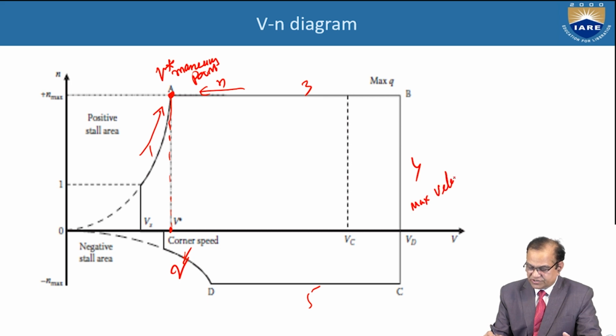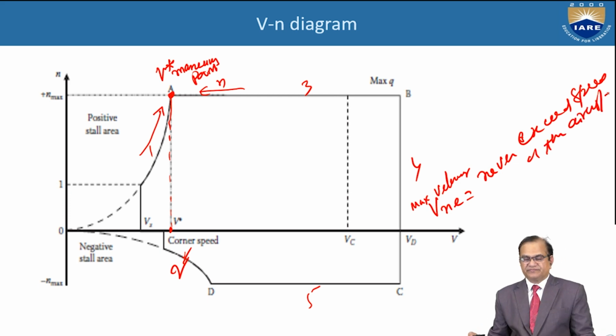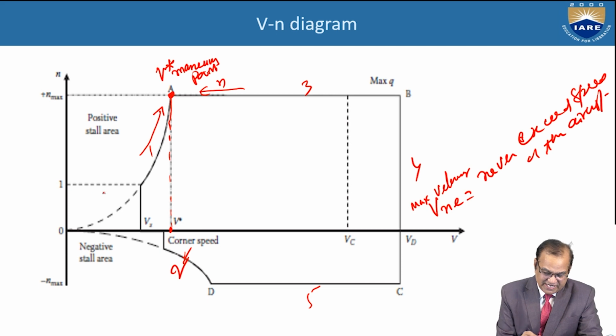Maximum velocity. It is also called VNE, never exceed speed of the aircraft. So this upper side, this is the point here 1, and this is the stall speed.